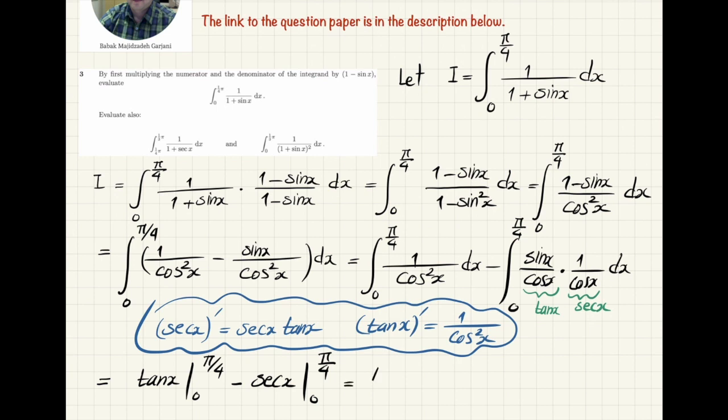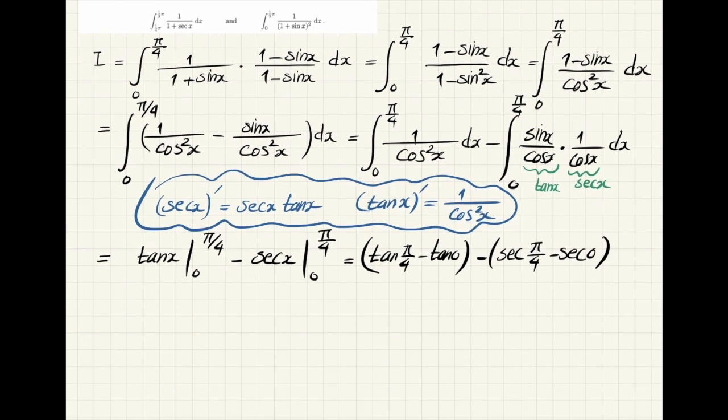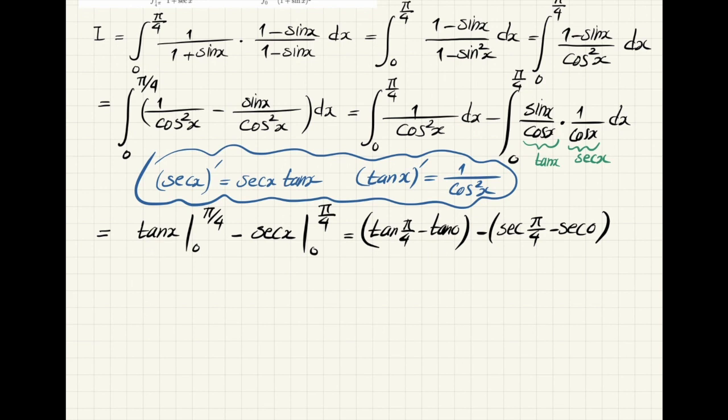This becomes tangent of pi over 4 minus tangent of 0, minus secant of pi over 4 minus secant of 0. If we continue, tangent of pi over 4 is 1, tangent of 0 is 0, secant of pi over 4 is 1 over cosine of pi over 4, which becomes 1 over square root of 2, and secant of 0 is 1 over cosine of 0, which is 1 over 1.